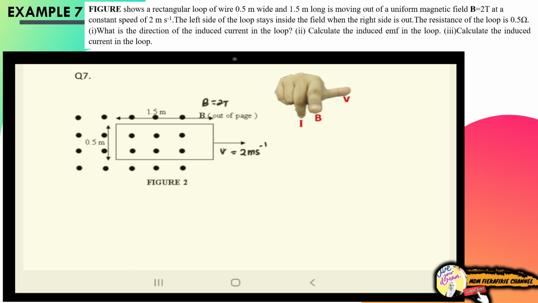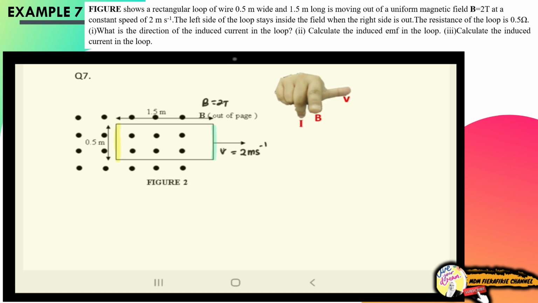The left side of the loop stays inside the field when the right side is out. So the yellow color is the left side, and the turquoise color is the right side.